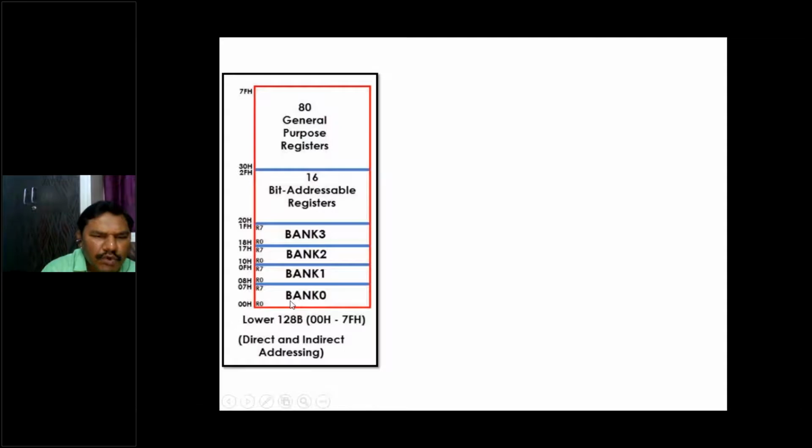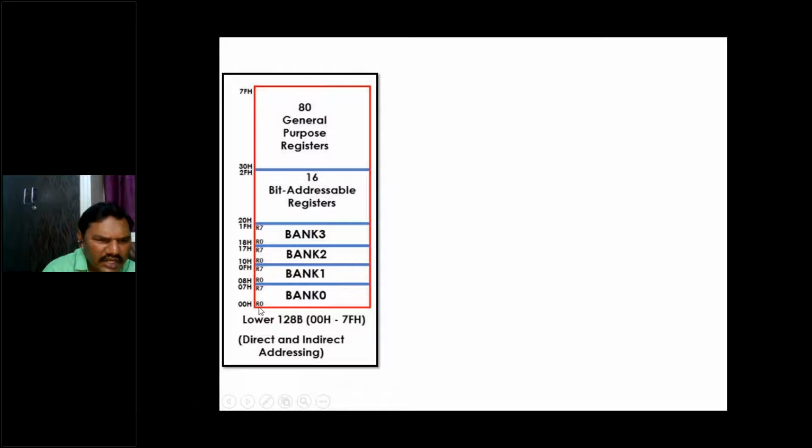Right. So how are these four banks arranged? Bank 0 is 00 to 07, bank 1 is 08 to 0F, bank 2 is 10 to 17, bank 3 is 18 to 1F. See here, the difference is 8 each, but internally they are written as R0 to R7, R0 to R7, R0 to R7, R0 to R7.